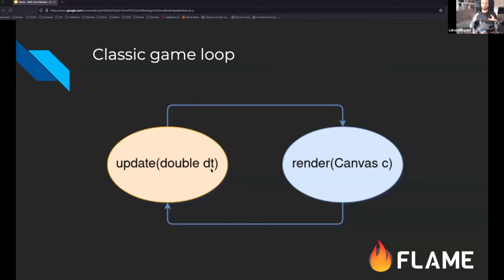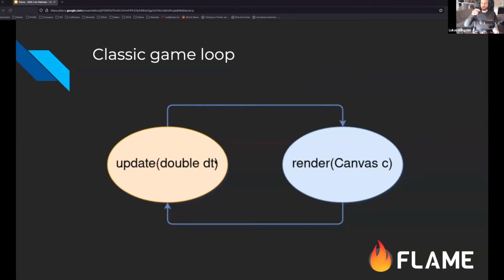So that if you would have lags or a very slow phone or something, things shouldn't behave differently. So you always have to take the delta time into consideration. But many components already do this automatically in Flame. If you're building something custom, then you have to take the DT into consideration.